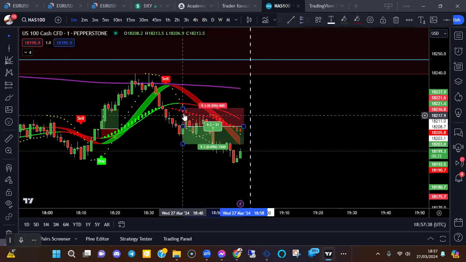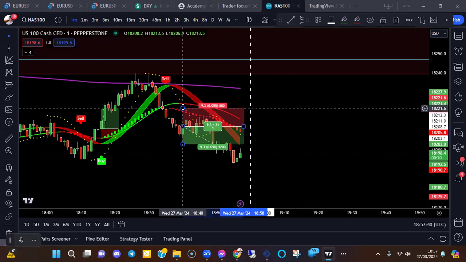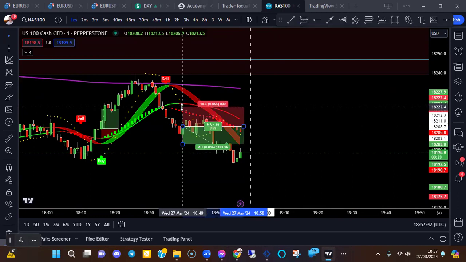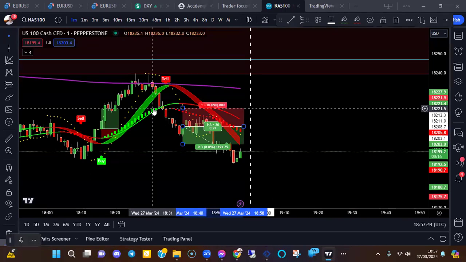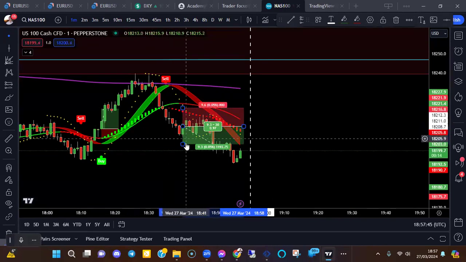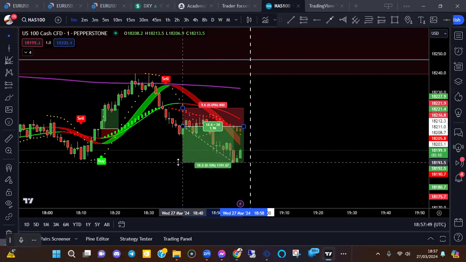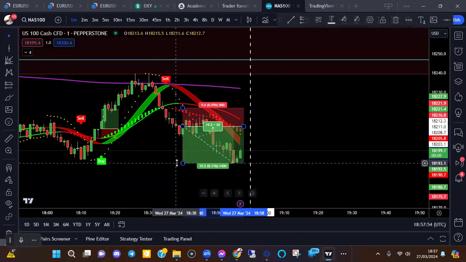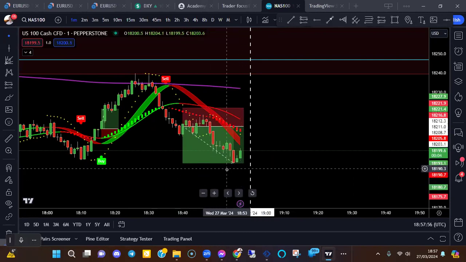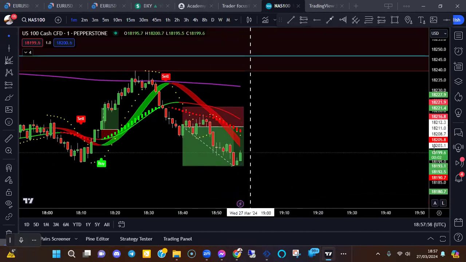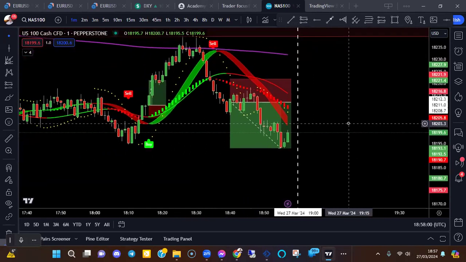Your stop loss would be equal to where the wave turned from green to red, so that's where the stop loss goes. Your 2 to 1 would be down there. So that's ever so near to being a winner.